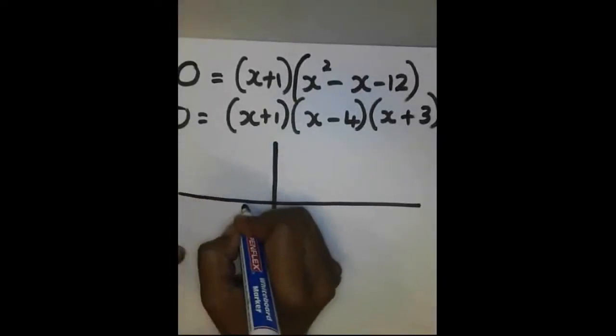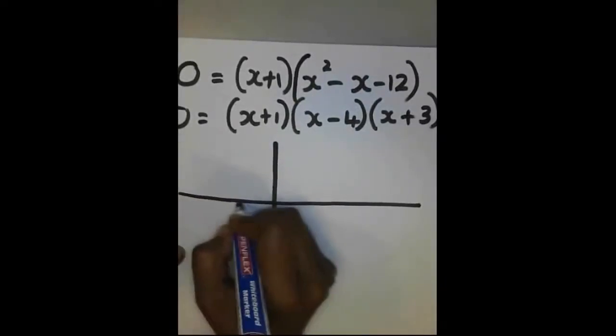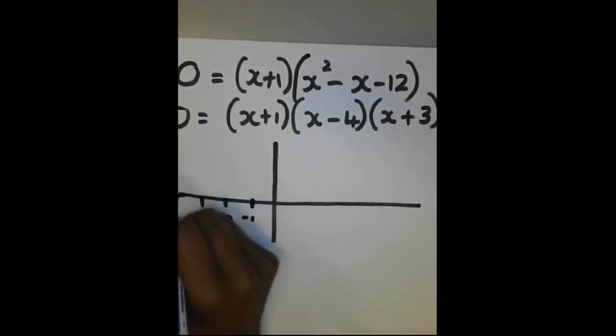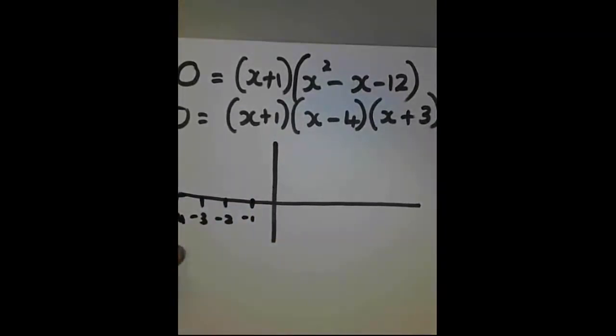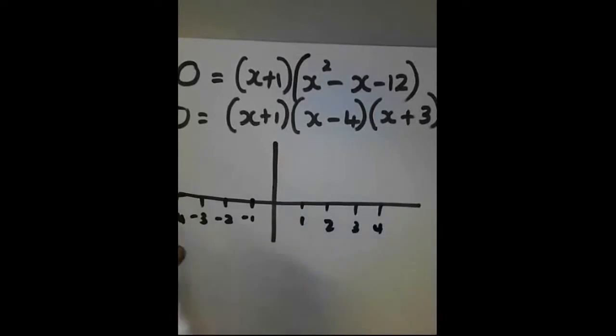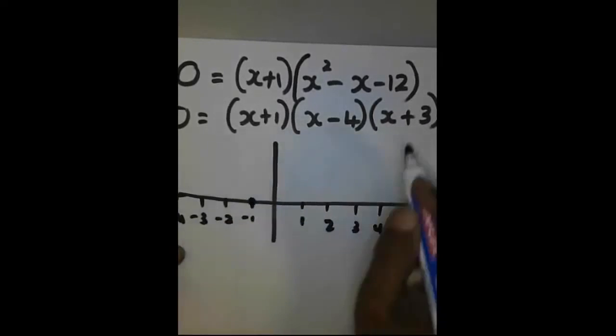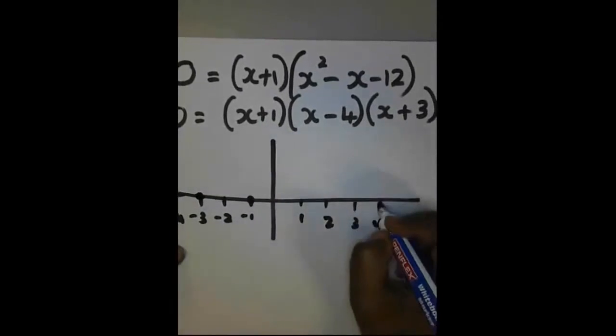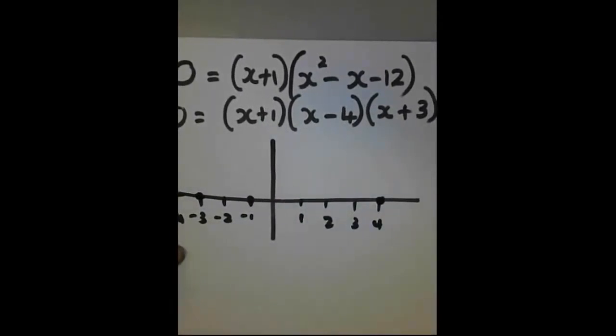So, minus 1 is on the x-axis, minus 3 is on the x-axis, and positive 4 is on the x-axis. Those are my 3 x-intercepts, so those are the ones that I note.